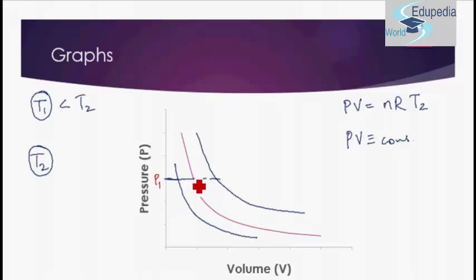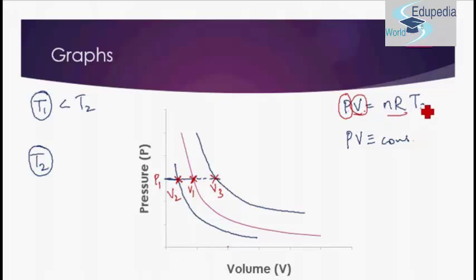So that means if I look at the volume of these 3 curves, let's say this is V2, this is V1, and this is V3, which has the highest value of volume? V3 has the highest volume and V2 has the least volume. So PV is equal to nRT2. P is constant, nR is constant.